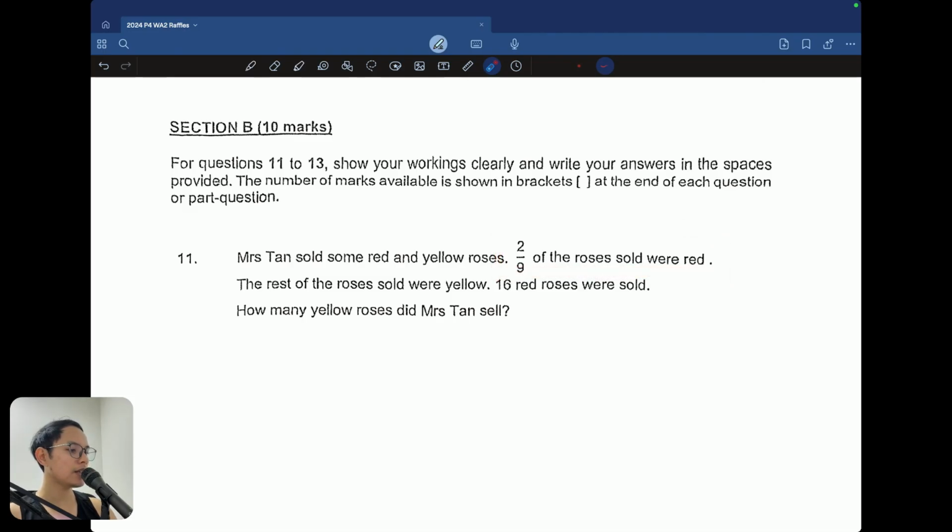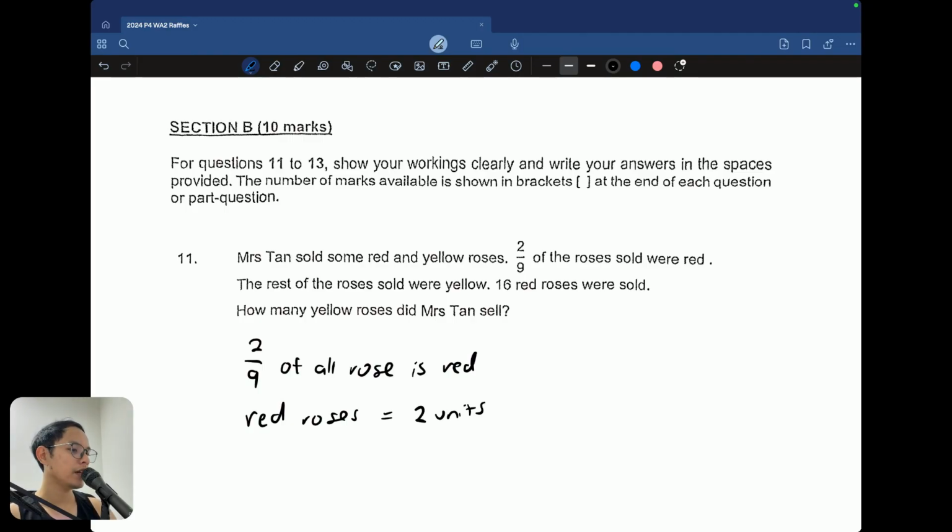Okay, so when you see this kind of question, 2/9 of the roses were red. So when you see a fraction of a part or whole, that means the numerator is usually talking about the specific roses over here. So if 2 out of 9 of all roses is red, that means red roses is equal to 2 units.